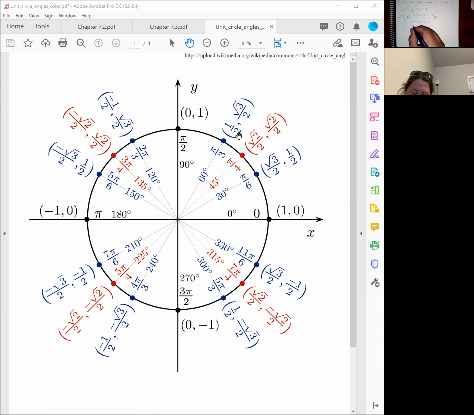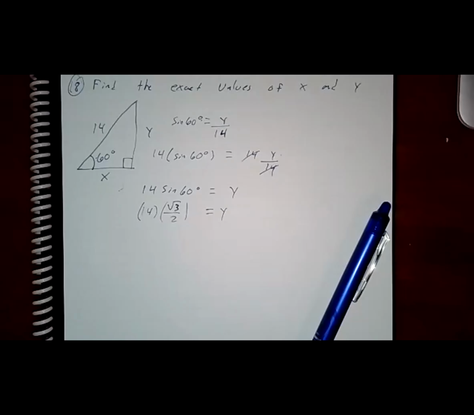So 14, let me switch over in just a moment. So we just replace sine 60 with square root 3 over 2. Right?